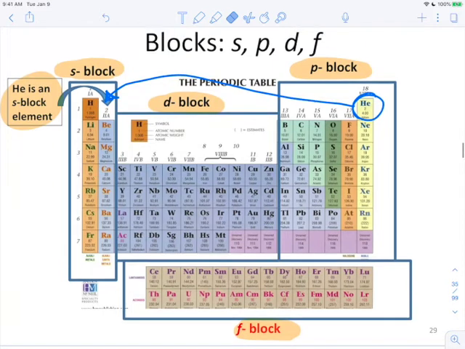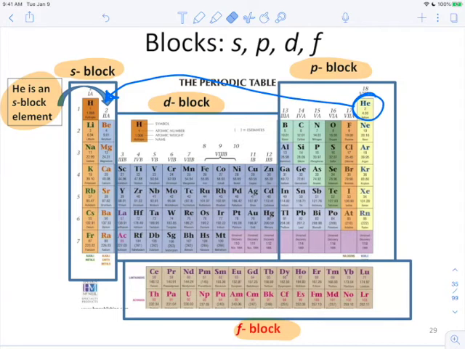But any questions on our blocks, S, P, D, or F blocks? And anybody want a little more time on this to mark the blocks on their periodic table? Yes, okay.